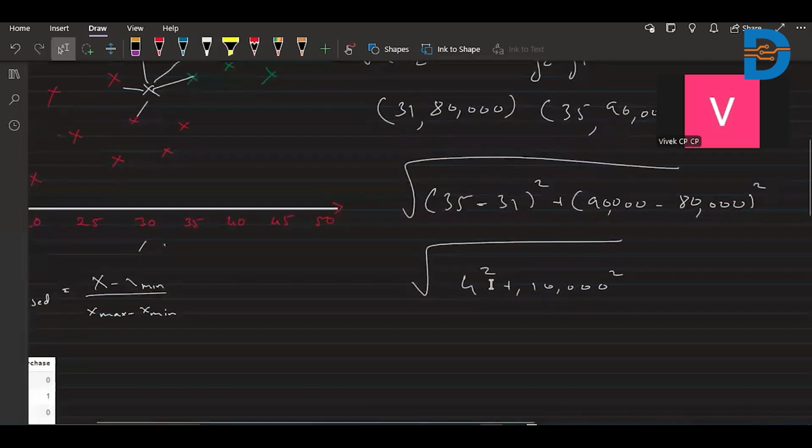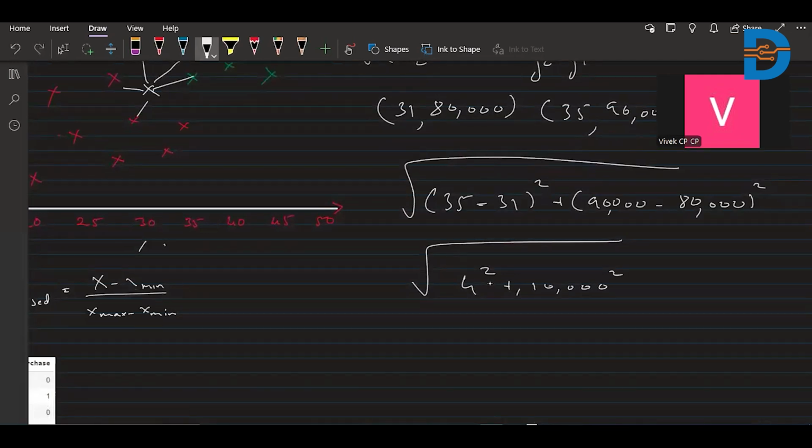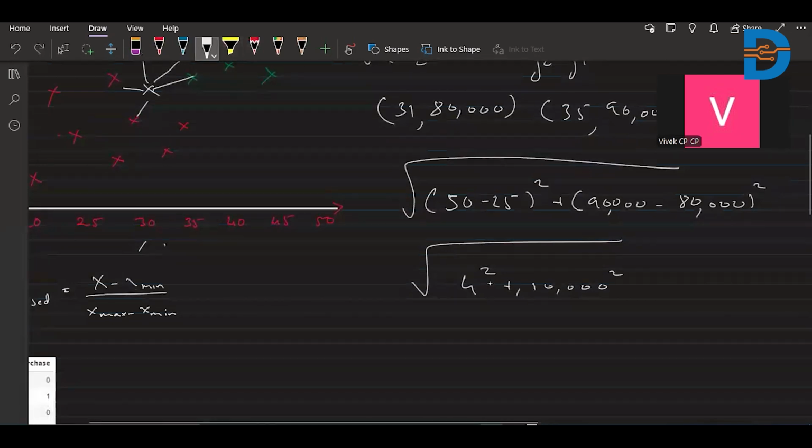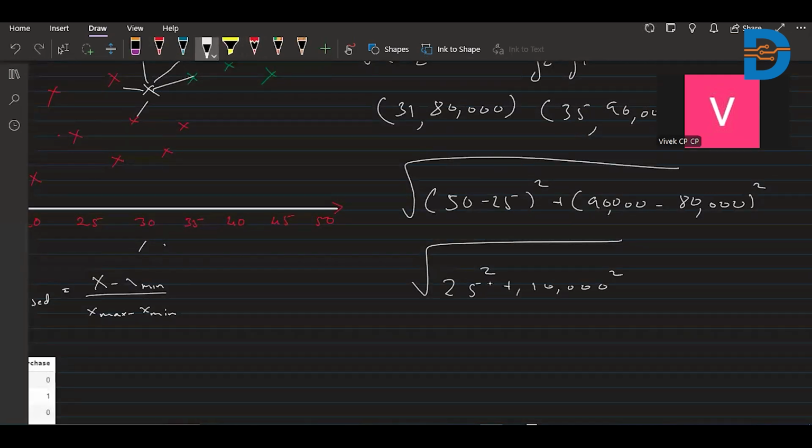That is to say, even if your age was really wide apart, let's say if you were looking at ages like 50 and 25, your age might end up contributing about 25 square. Let me make that clean. It's going to contribute 25 squared over here, but still it's negligible compared to what your 10,000 square is contributing. So you see the problem over here, right?